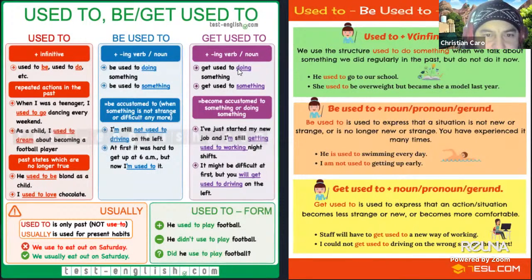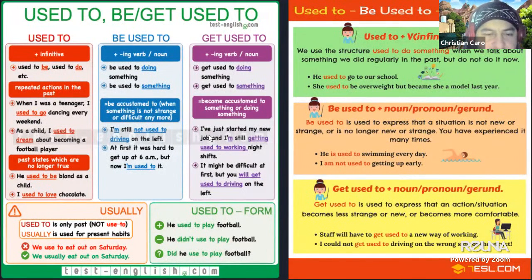Same thing, you know, get used to doing something, get used to something. Ya, la estructura, la forma es get used to plus ing, or noun or pronoun. It's pretty much the same stuff as be used to. Become accustomed to something or doing something. Fíjate que llegar a acostumbrarse no es lo mismo que ya estar acostumbrado o acostumbrada.